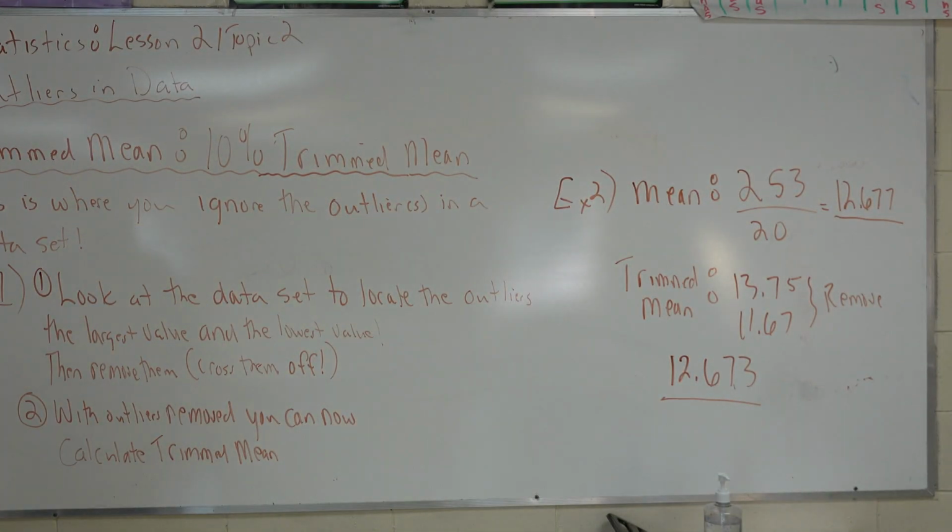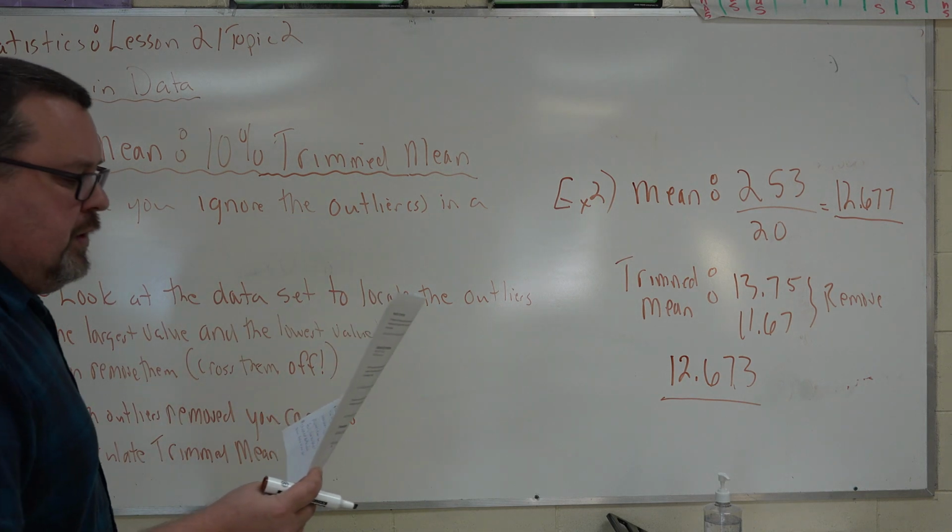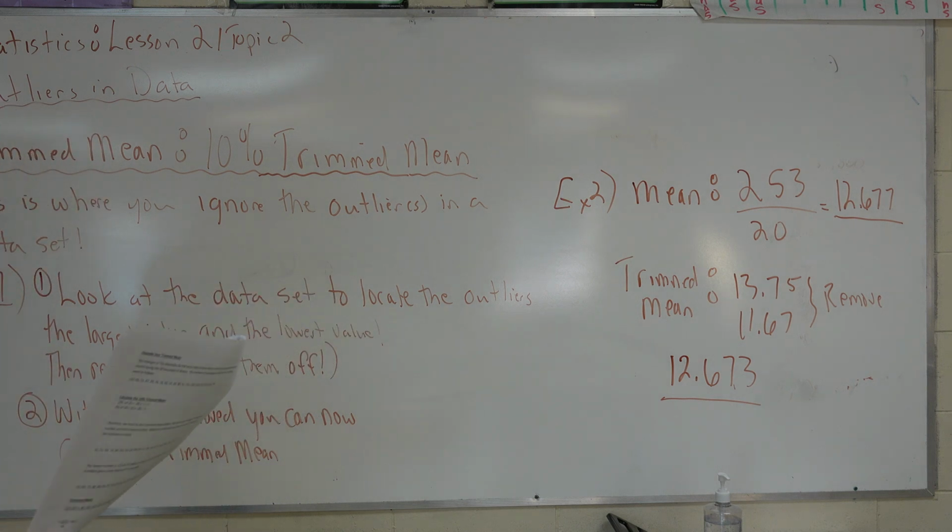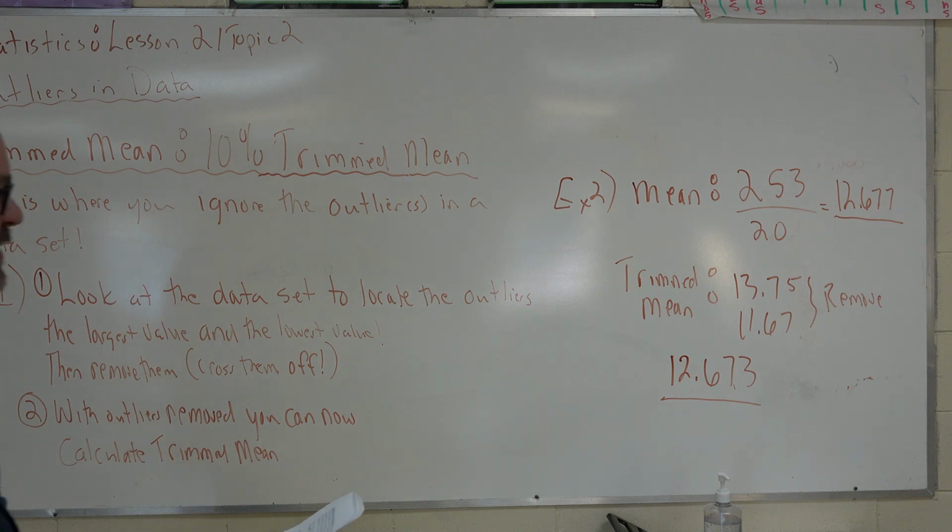A slight bit of a difference there, right? Should the physical education teacher use the mean value or the trimmed mean? The trimmed mean makes it so that he is slightly faster by what, 5 thousandths of a second faster.